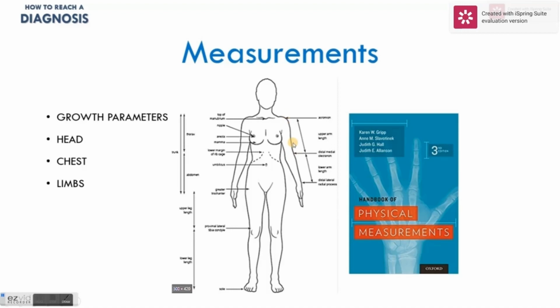This is the proximal segment, and from that point to the radial process is the second part, which is the middle segment. Then from the proximal crease here in the arm to the proximal crease of the middle finger, this is the arm length, and the middle finger measurement is also the same thing for the upper limbs.